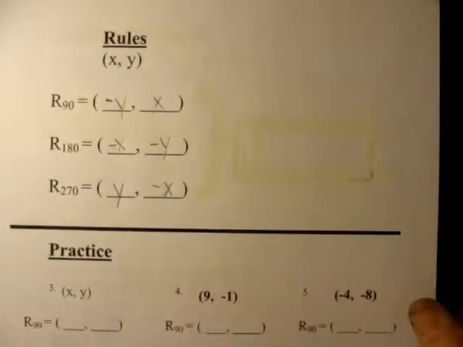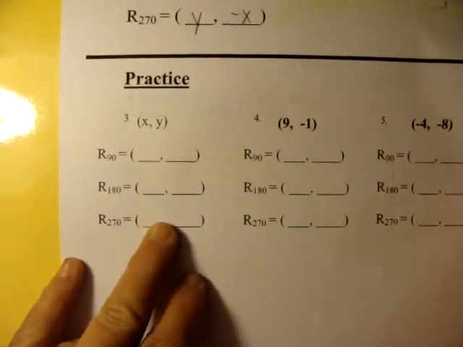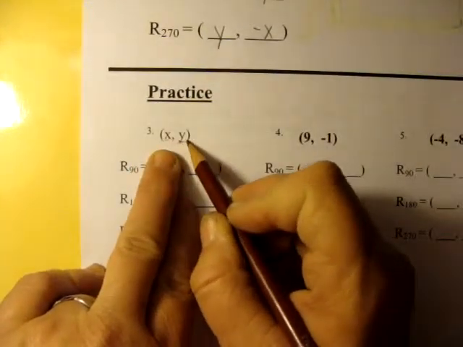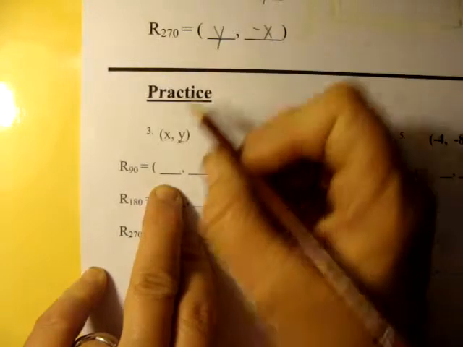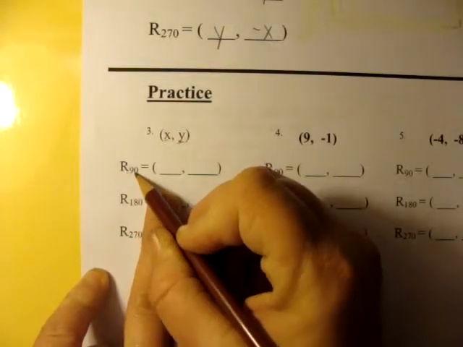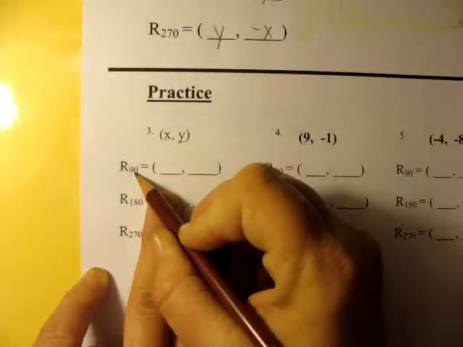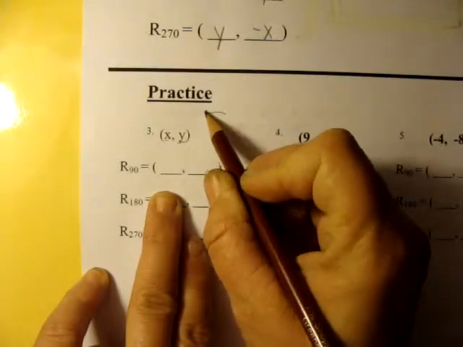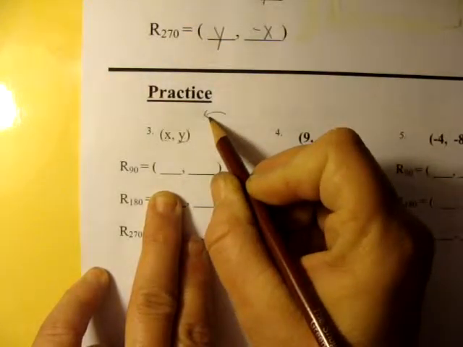So down here on practice 3, it's just again giving us practice with X and Y. If we're rotating 90 degrees about the origin, that means we would be going counterclockwise.